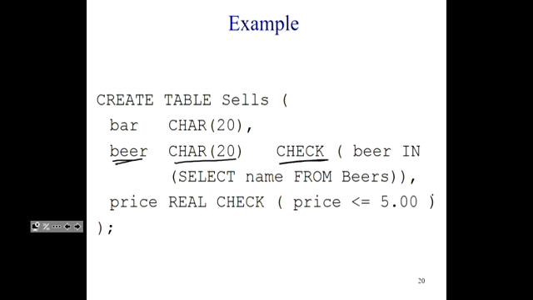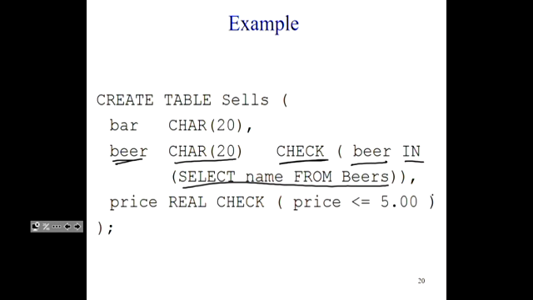Check, which is how you define an attribute-based constraint or a tuple-based constraint: beer in select name from beers. So you're saying, check that the beer value is among the beers in the beers relation. So this is achieving roughly the same effect as the foreign key constraint. We'll talk about the differences in a second.